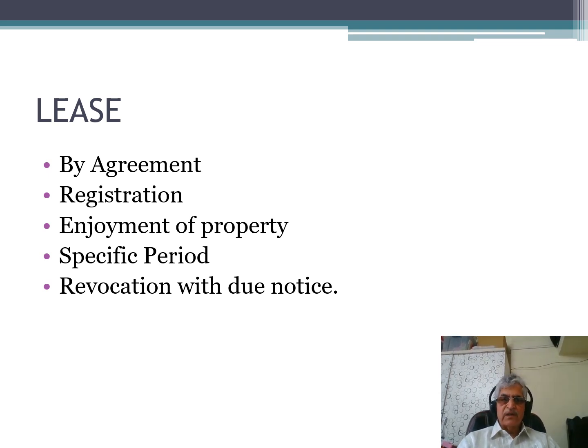Then revocation of lease rent. I have taken your flat on lease rent. If I don't want it, if either party doesn't want it, then they must give 3 months notice that we are revoking from this agreement.